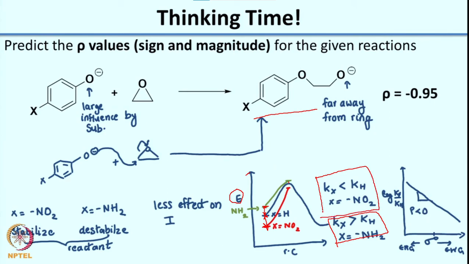Now we can do the Hammett plot for this plot. Here you can see that electron releasing groups are favoring the reaction. That's why it has high magnitude, right? And because electron withdrawing groups are slowing the reaction, lowering the probability of reaction, that's why the slope is going in this direction, right?